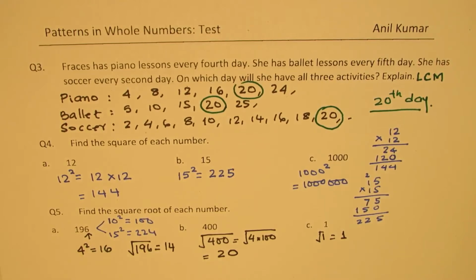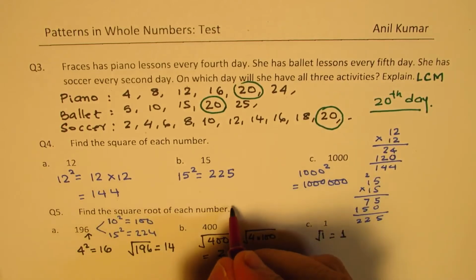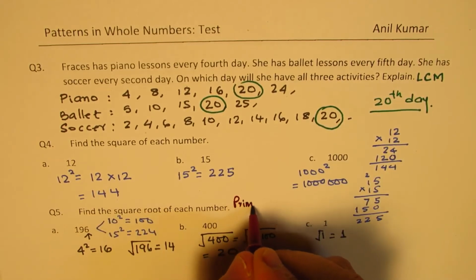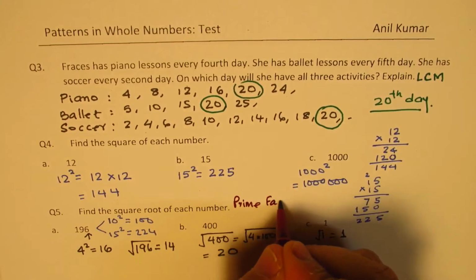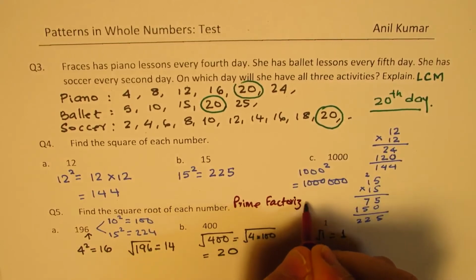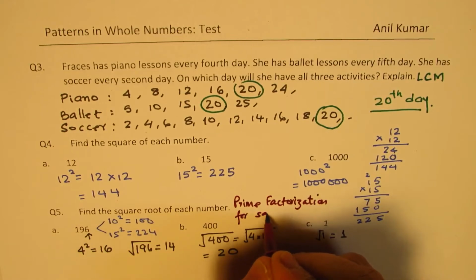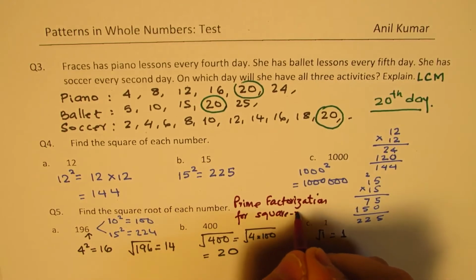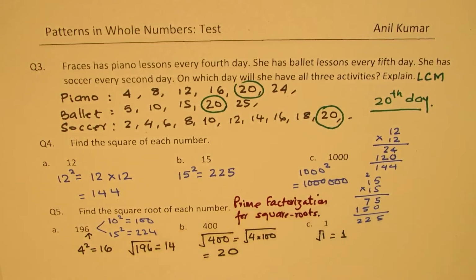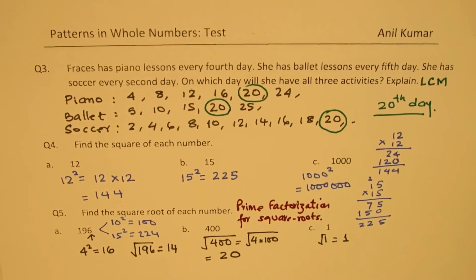So there are many methods. If we have big numbers, we can use prime factorization to find square root. So let me write it down here. Some of you can explore this method of prime factorization for square roots. We'll take this up also separately at the end.